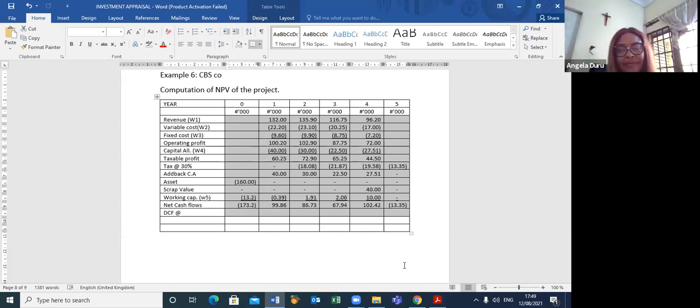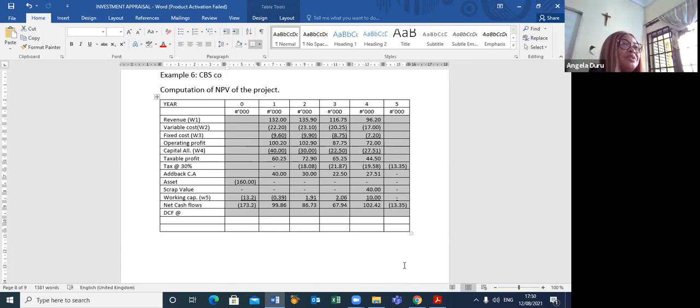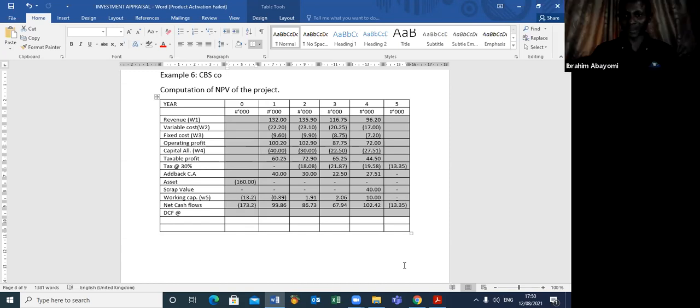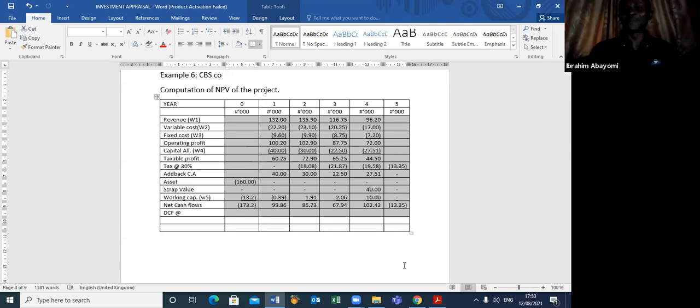It's real. So what's the principle I told you? That if it is real, you have to use real cost of capital. But here the cash flow is nominal. It is not appropriate to use that 7.7 because the 7.7 is real.